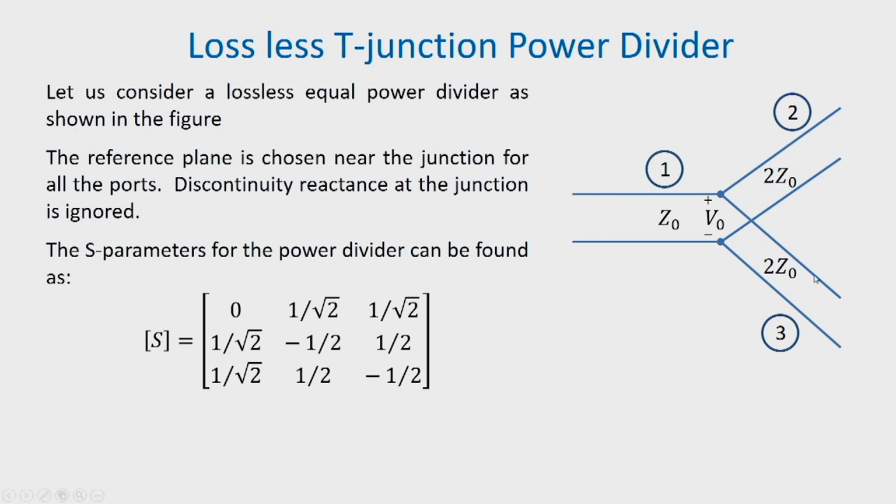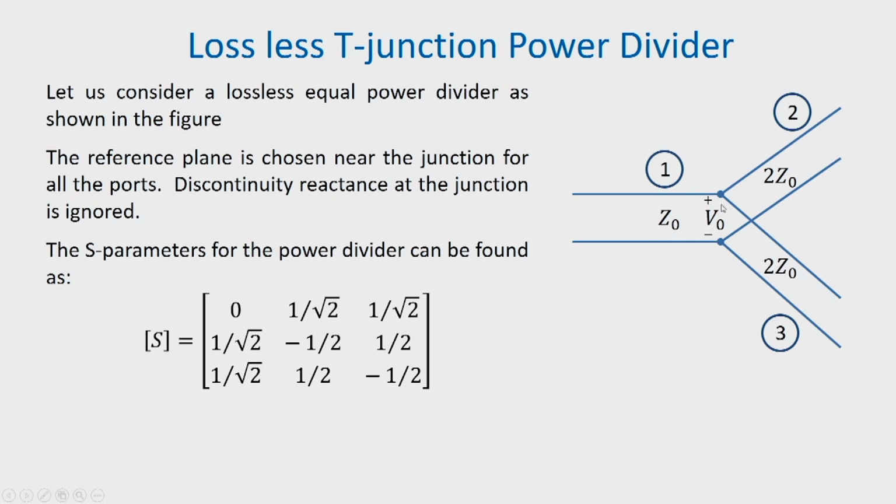they are not 0. In fact, we can calculate S22: this 2 Z0 will come in parallel with Z0, and therefore, we will get the equivalent of Z0 parallel to Z0 as the load here for this port 3, and similarly for port 2, Z0 parallel to Z0 will appear as a load here.